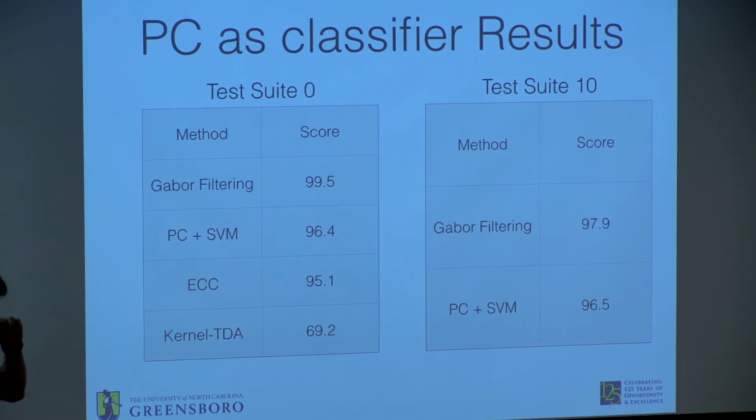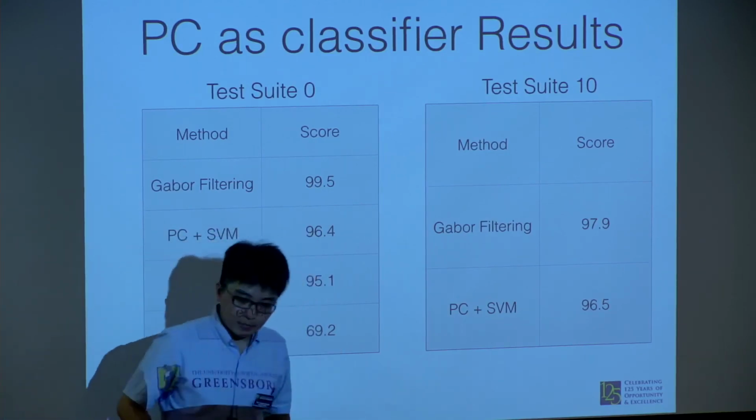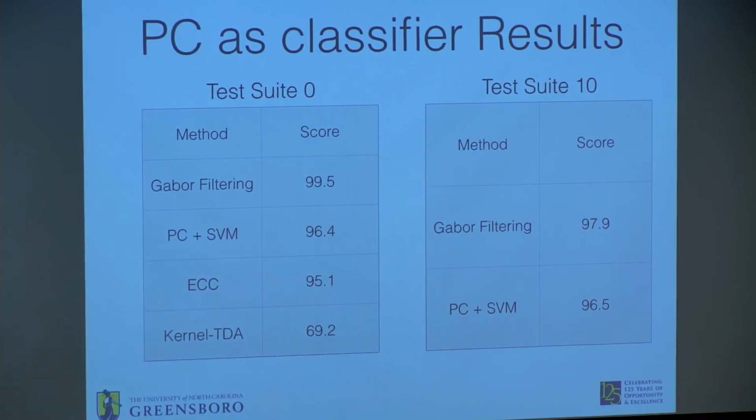Essentially you try to get the information from the textures, okay? And it gets 99.5%. Keep in mind that in that Gabor filter, you're going to have a lot of parameters to tune.